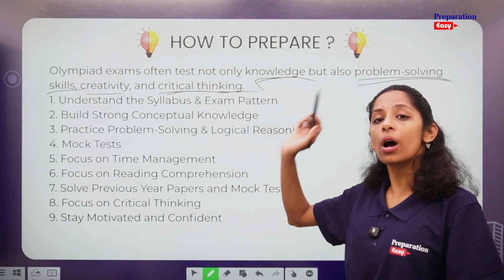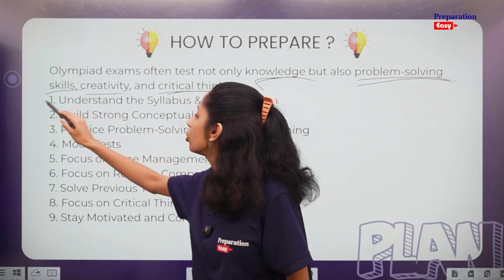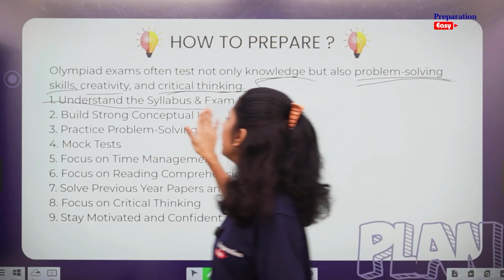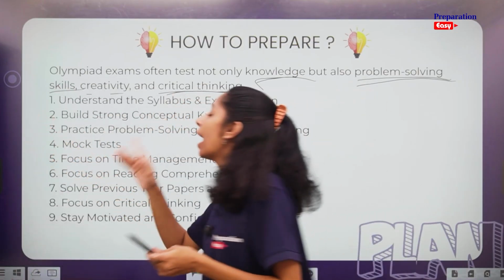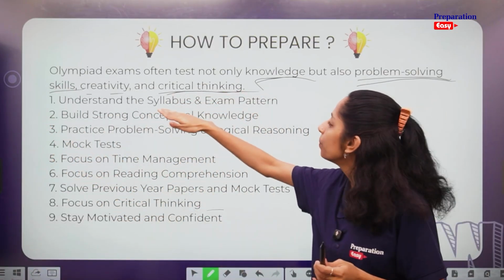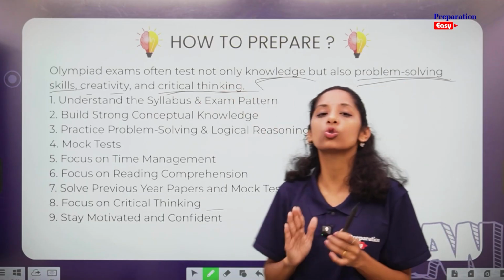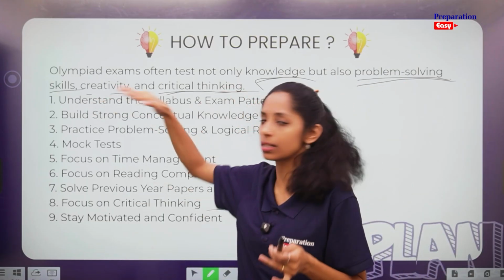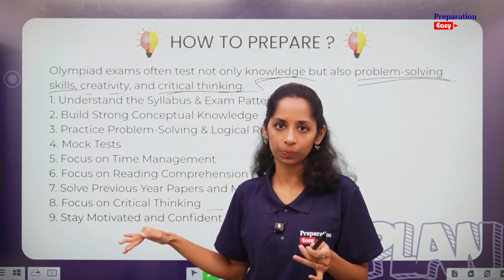So according to our plan, the first thing is to understand the syllabus and exam pattern. So yes, I hope you understood the syllabus and exam pattern, and why it was so important while making a plan. Why is it the first thing in our list?